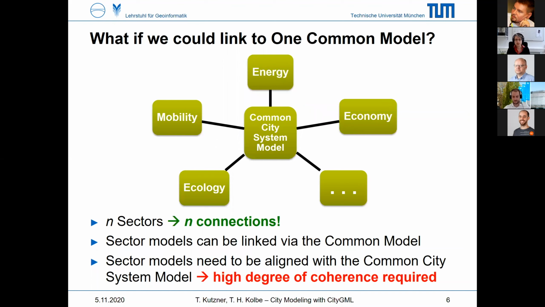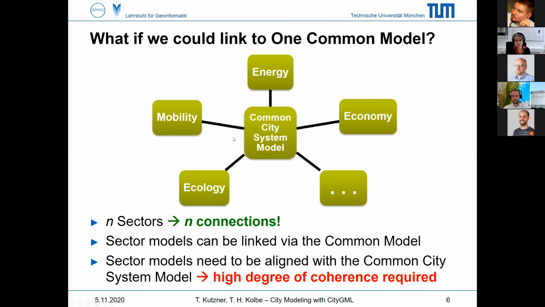A better solution would be to have one common model, a city system model, to which all the individual sectors are connected. And then you have much less connections, and you can manage things much better.